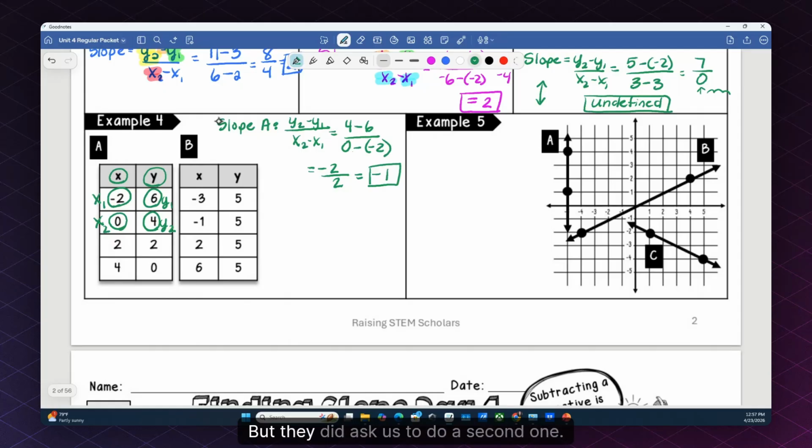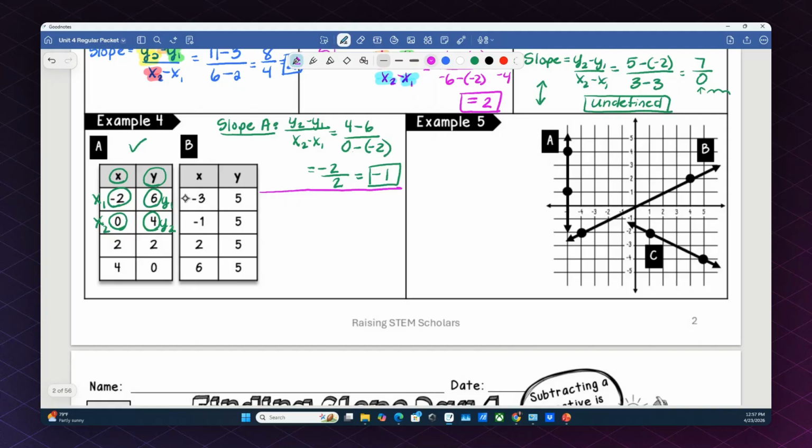Okay, but they did ask us to do a second one. Okay, so we did this one here. I'm going to go ahead and switch colors so we can try to keep it straight when we're looking at it. I can even draw myself a line. Okay, so slope for data table B. We can call this x1 and y1 because it's just the first point that I came to.